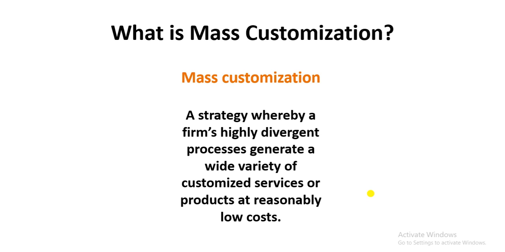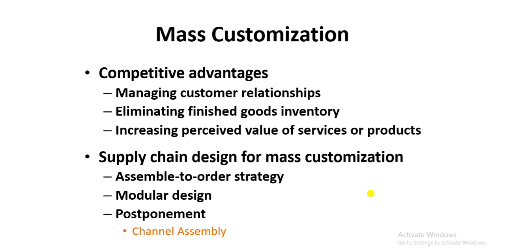Moving on, here you are talking about what are the advantages a company can achieve if they are following mass customization. As you can see in your slide, with the help of mass customization, a company can have a better customer relationship, because the customer is engaged with the company in order to give his feedback or put his requirements.